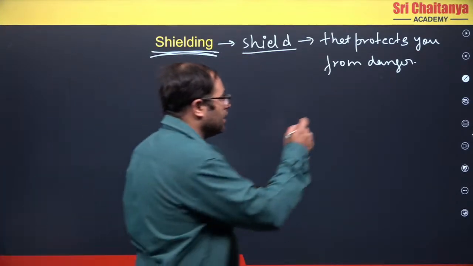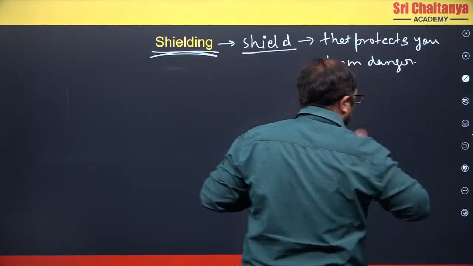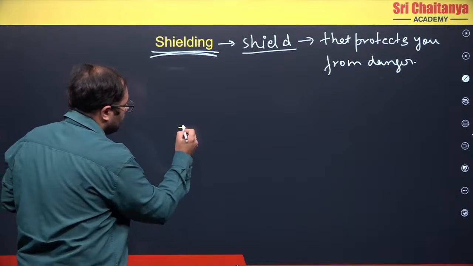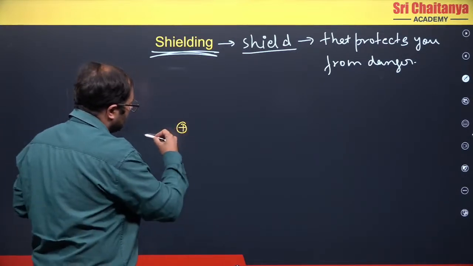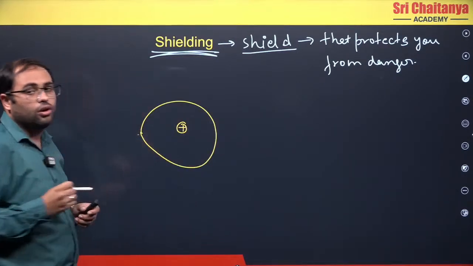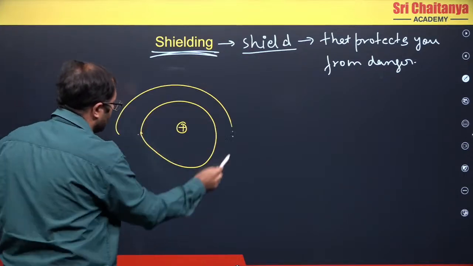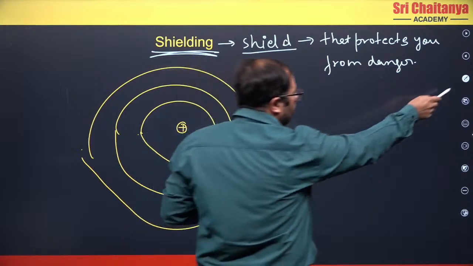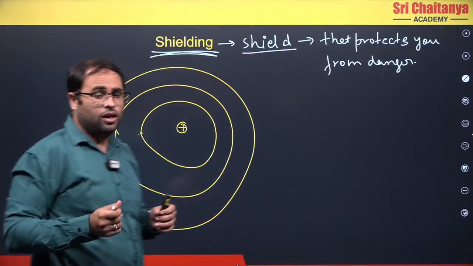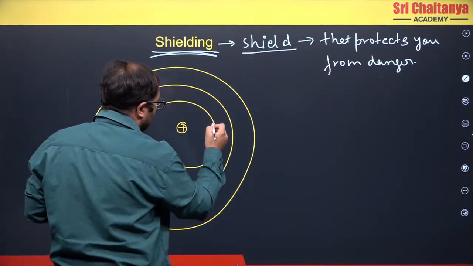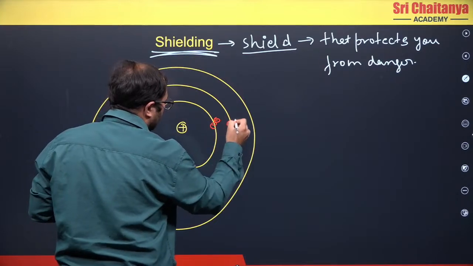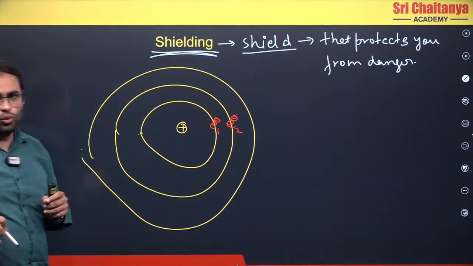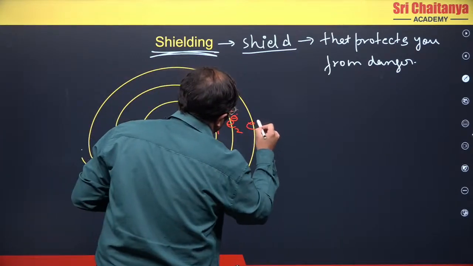To understand the shielding effect, let me give you an example. So here you have the nucleus and then you have your orbitals, whatever they may be. Now I have electrons. Here I have an electron, here also I have an electron. Suppose electron 1, electron 2, and outside I have electron 3.